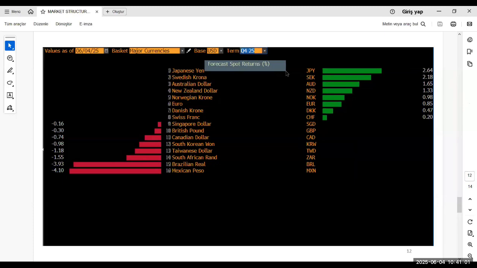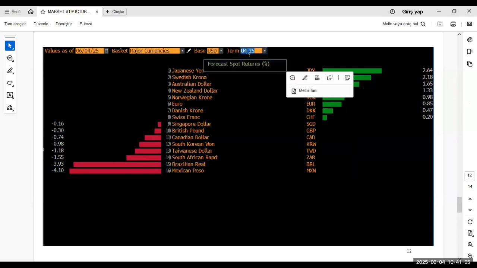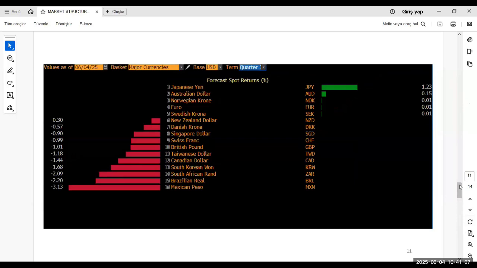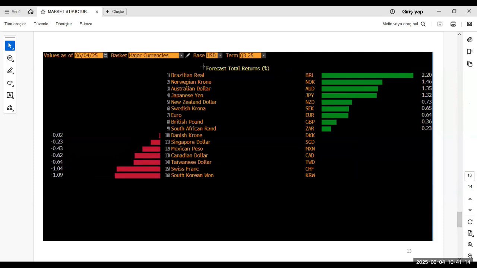This is spot return for the third quarter. If I take this total return, what do we mean by total return? Total return tries to calculate the interest rate return and the currency return in these domestic and major currencies.